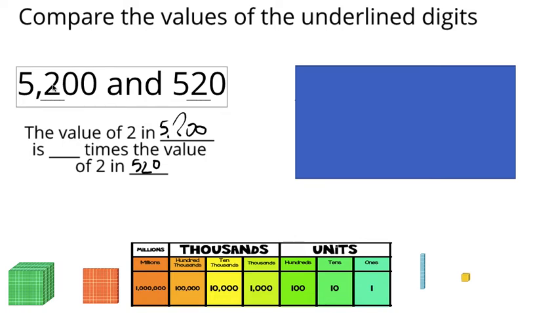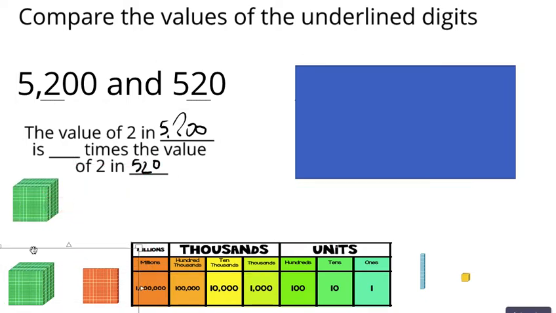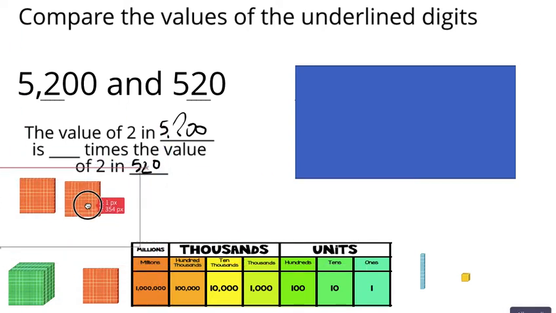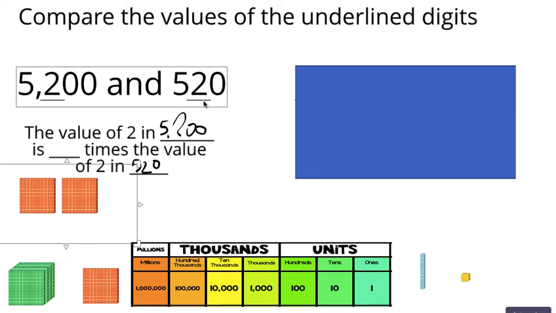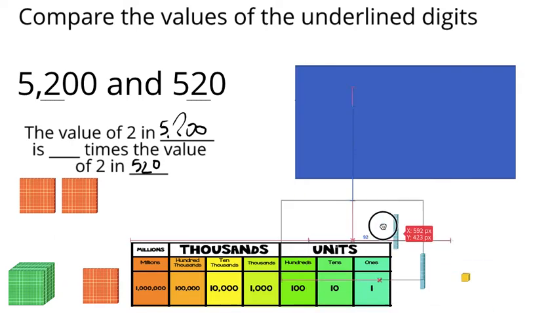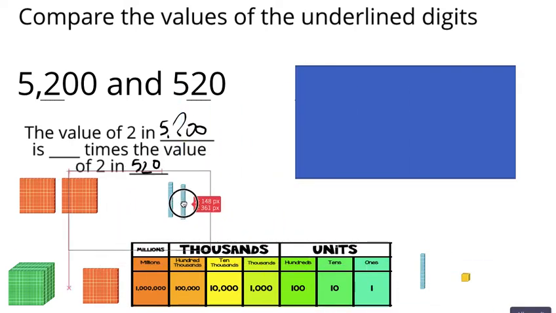So the 2 in 5,200, that is in the hundreds place. So that means that it is worth 2, not thousands, that means it is worth 2 hundreds. And the 2 in 520, that 2 is in the tens place, so that means the value of that digit is worth 2 tens, so that's 20.